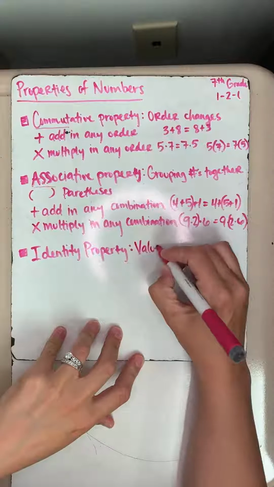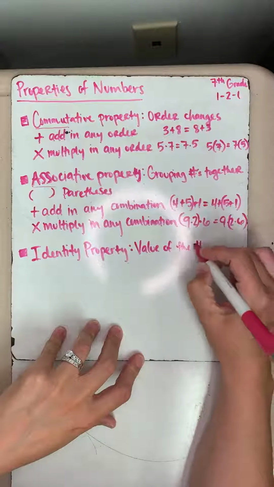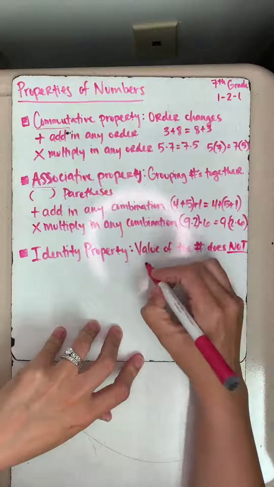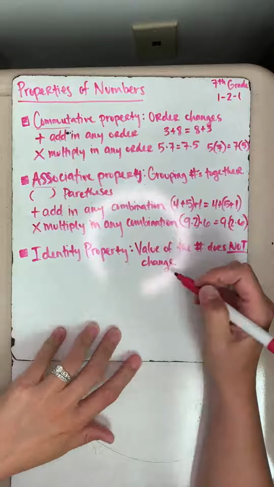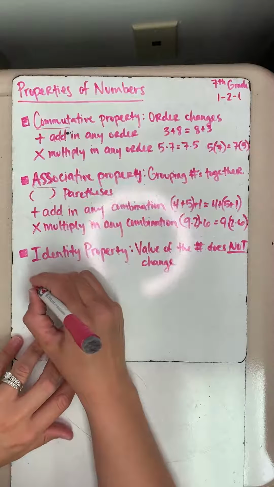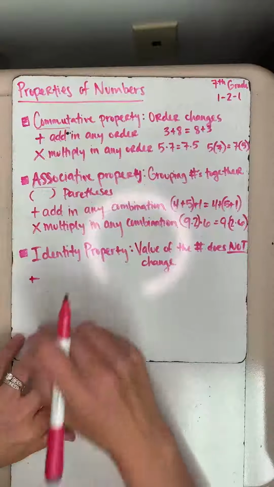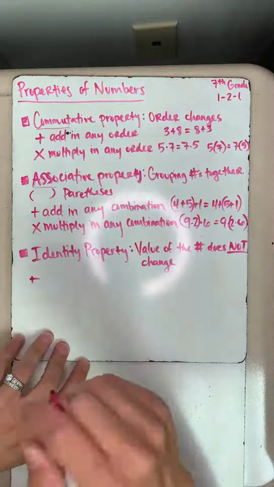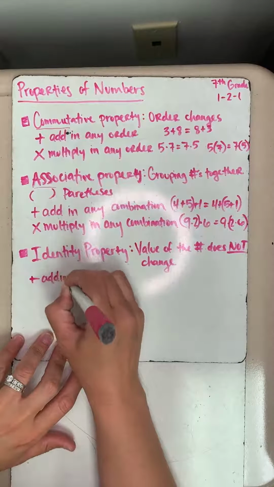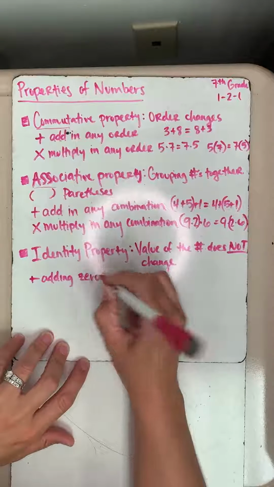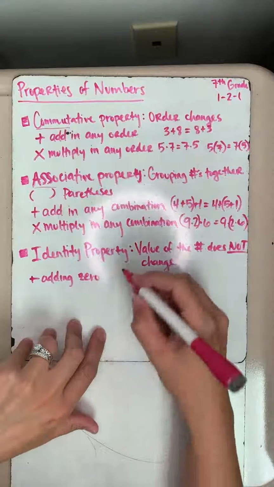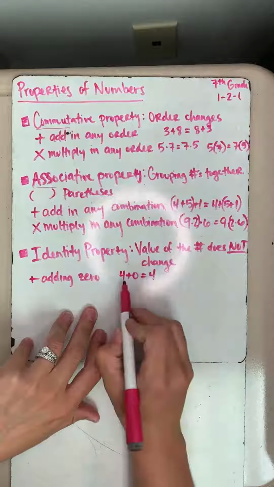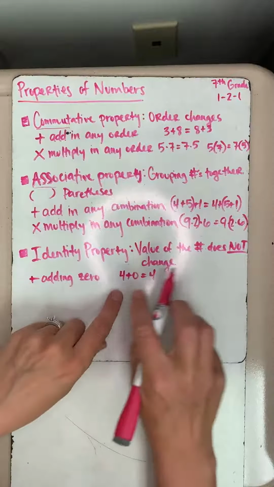So we have the identity property of addition, which is by adding 0, which does not change the value. So 4 plus 0 is still equal to 4. The value, that identity of 4, has not changed.